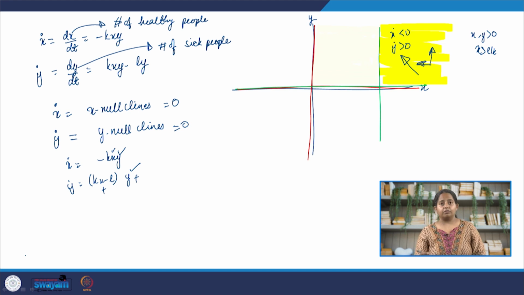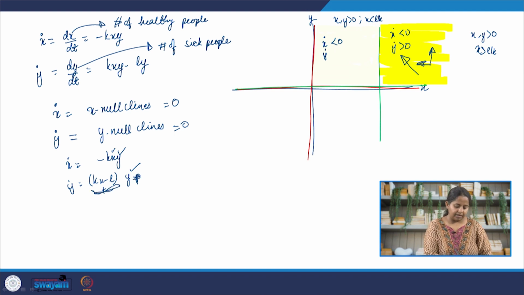Now here x and y are still positive, but x is less than L by k. So what we have is that the rate at which healthy people are changing is still negative, because there are still some sick people and the healthy people population is going down, but the net rate at which sick people are increasing or decreasing is going to be interesting, because here y is still positive, but kx minus L now becomes negative because x is less than L by k.